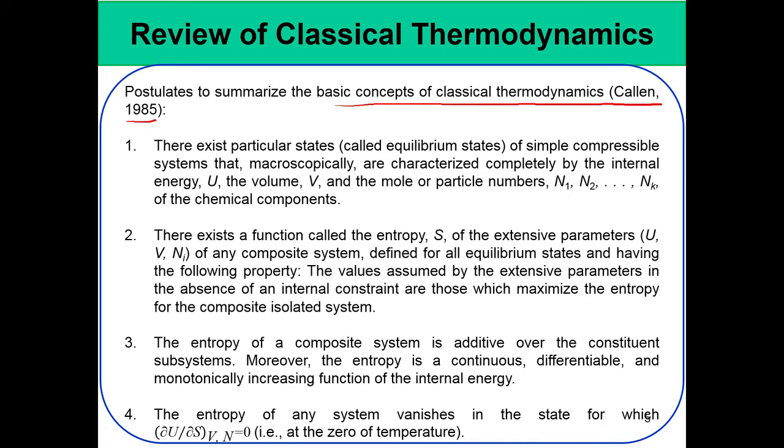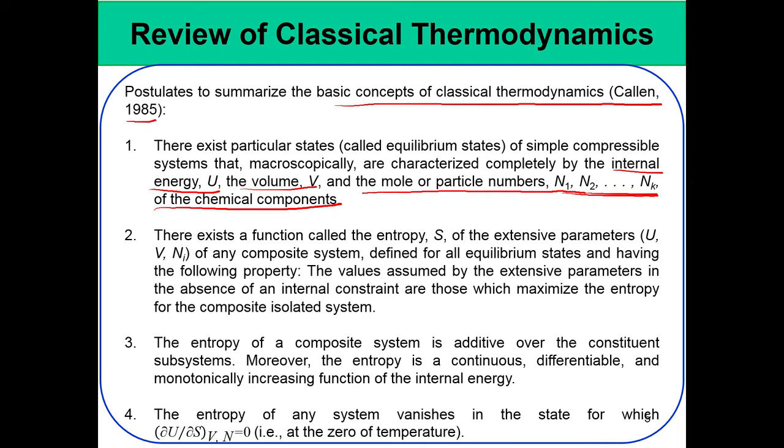In thermodynamics, all the motivation is to find these equilibrium states and their characteristics. So, there exist equilibrium states of simple compressible systems that macroscopically are characterized completely by the internal energy U, the volume V, and the mole numbers N1, N2, ..., Nk of the chemical components, that is, if you have different species in your system like methane, oxygen, etc. So, a state can be characterized by the internal energy U, the volume V, and the mole numbers.